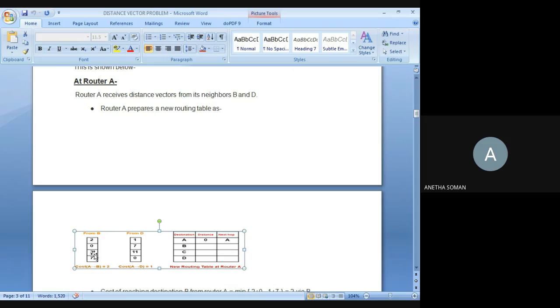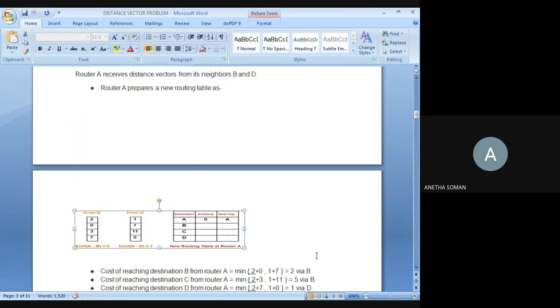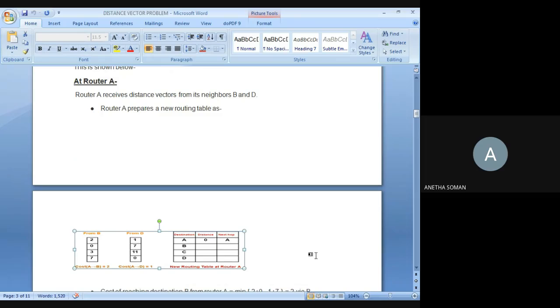Now, Neeraj, tell me the third answer. What is the cost of reaching destination D from router A? First you have to check it. Your cost from A to B will be equal to 2. Now through B I can reach D with a cost of 7.